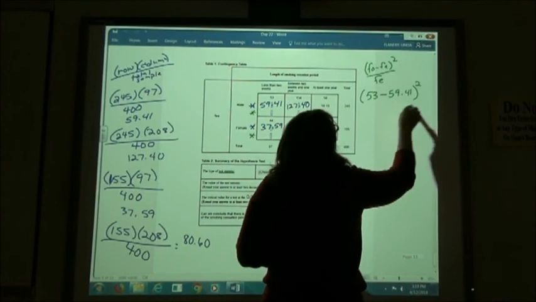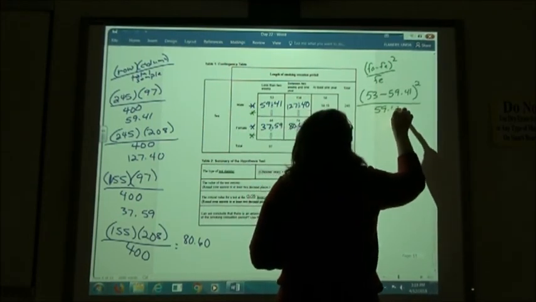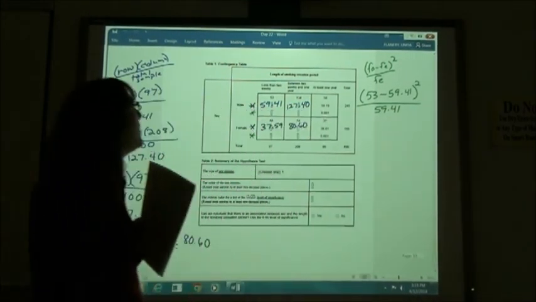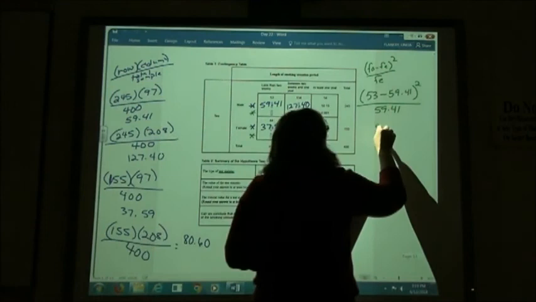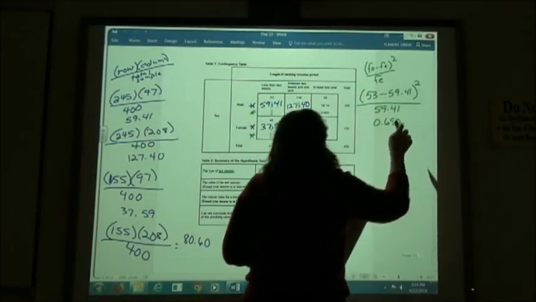We've got to square that and divide it by the 59.41. So 53 minus 59.41, square that and then divide by the 59.41. These go to 3 decimal places. 0.692 should be what you get.